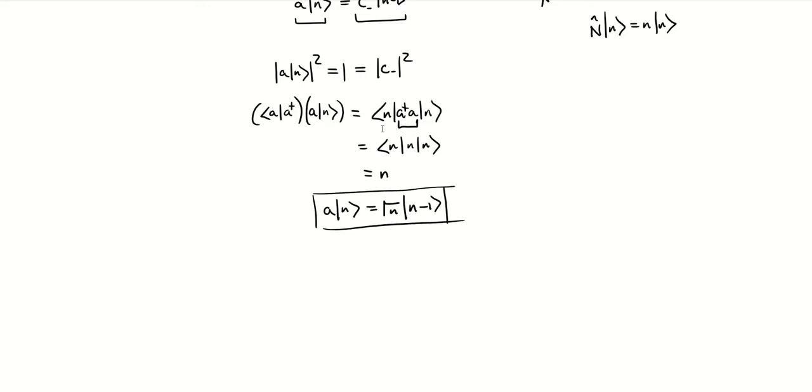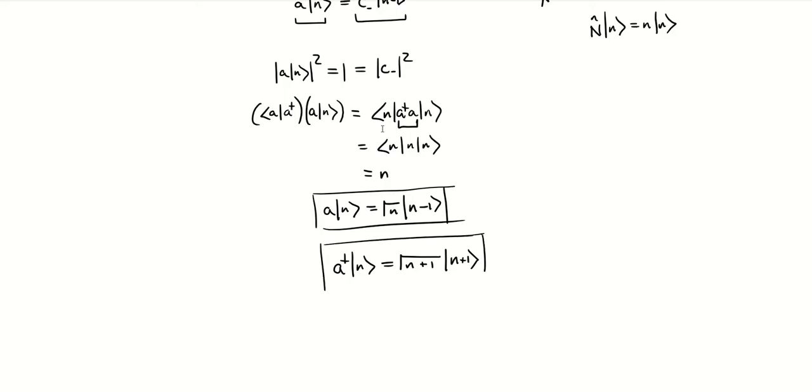That gives us the action of the lowering operator on an energy eigenstate. We can do the same thing for the raising operator acting on an energy eigenstate. I'm going to give this as homework, but it essentially gives us the n plus 1 energy eigenstate with a normalization term there.